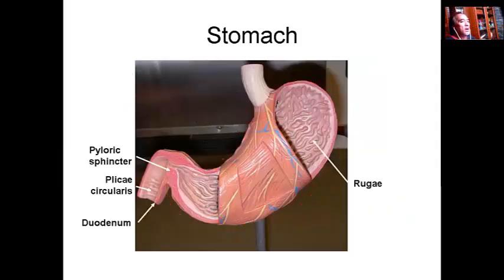Right, so now we're looking at the inside of the stomach. Those ridges that you see in the walls of the stomach are called rugae. Remember, inside those rugae are gastric pits.